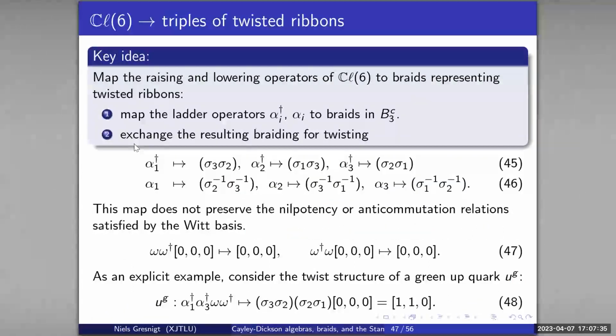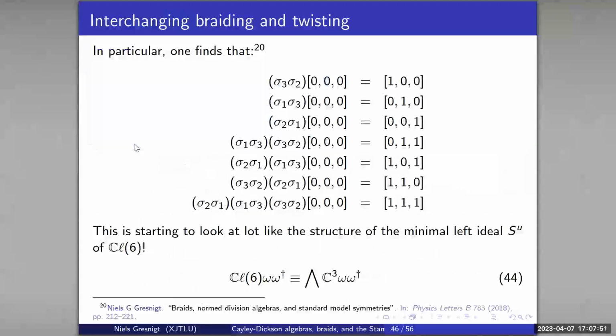So take the ladder operators from CL6 and then map them to these braids in the circular braid group, and then exchange the braiding for twisting. So that's the idea between 45 and 46. And then when we do that, we actually end up with these twist structures, these on the right-hand side of these equations.